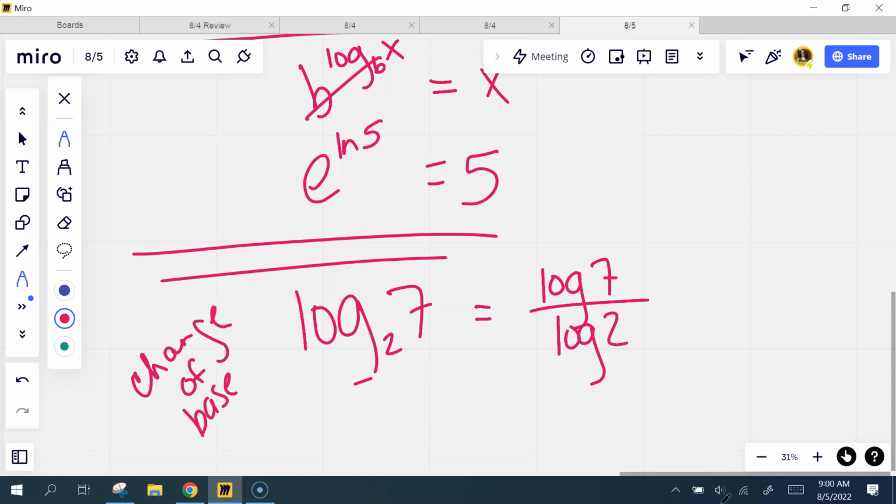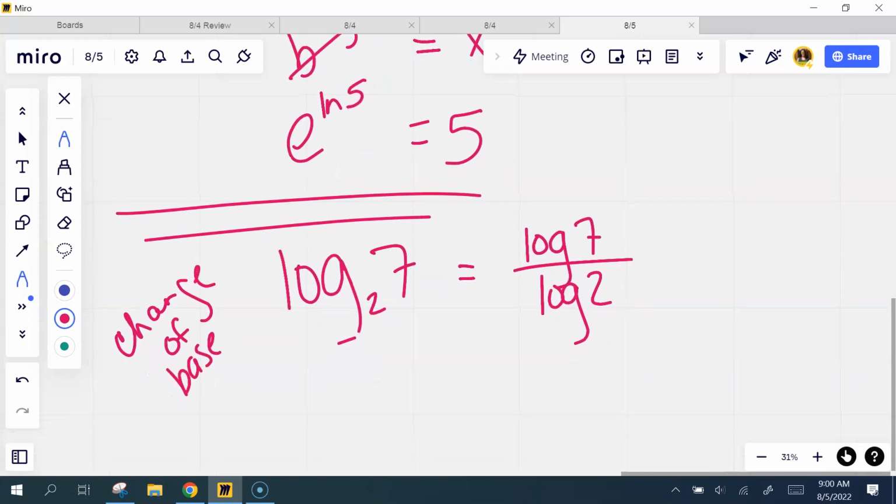And I know this is fast, so if y'all need me to slow down, tell me. This is just a little recap here. This is not something you're going to use with everything, but as it pops up in problems, I want to make sure you remember. You can change this to anything. So this is a base of 10. I did that because your calculators are base 10, right?